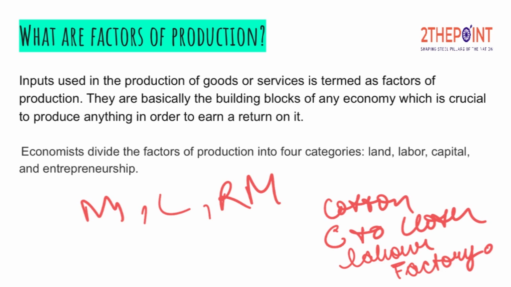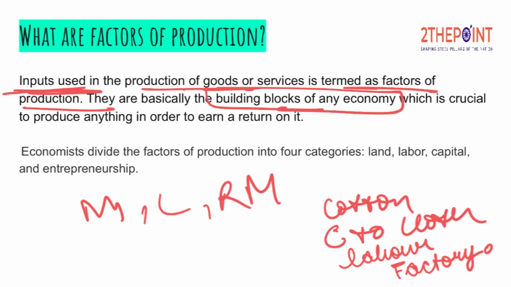We'll read out the definition, which says inputs. As I explained, inputs used in the production of goods and services are termed factors of production. They are basically the building blocks of an economy. Why are they called the building blocks? Because no production is possible without these factors of production.